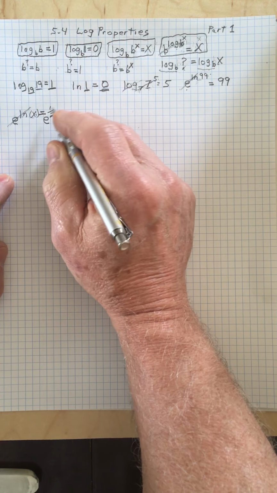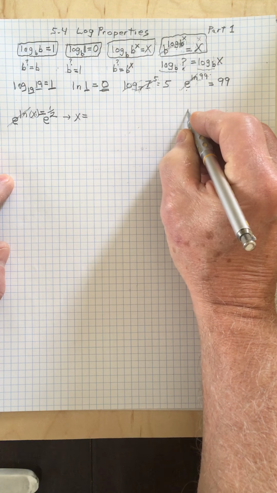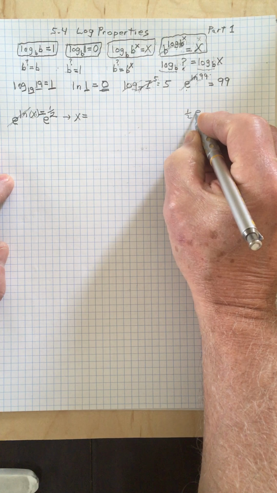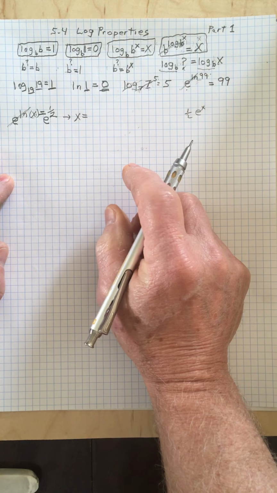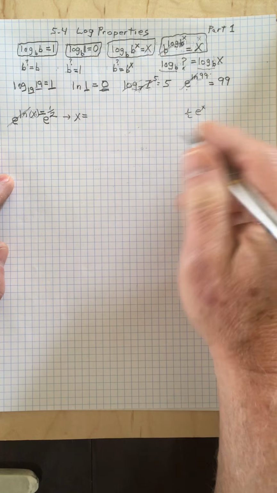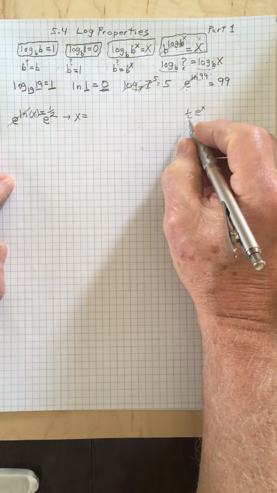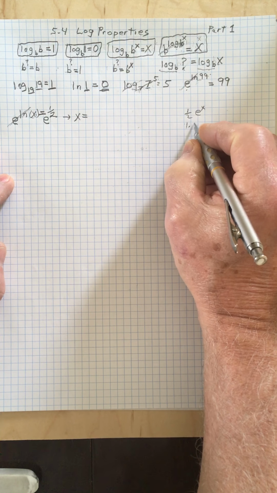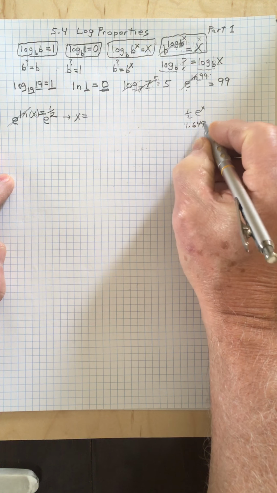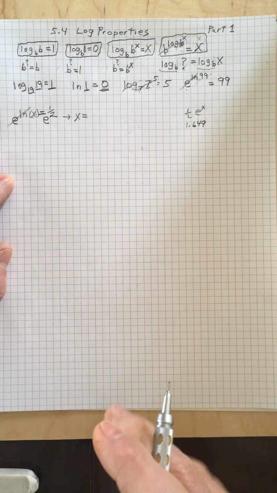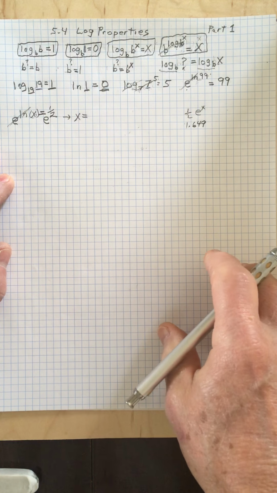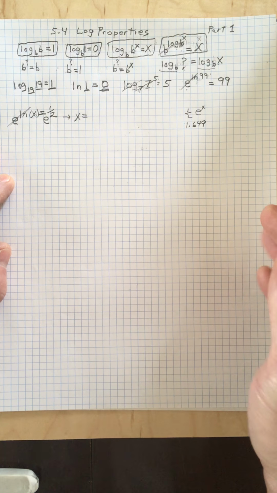Now I can use the calculator. If I enter 1/2, then hit the e to the x key, I'm going to get a big number, and what I'm going to do is I'm just going to round it to 1.649, and I'll use that. Hopefully when you're doing a problem, it'll tell you what place to round to.